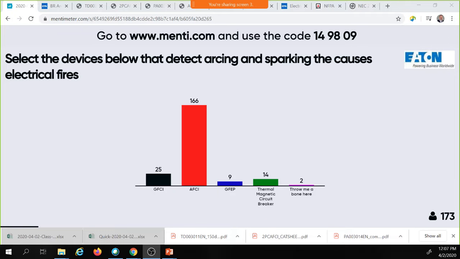In fact, in the early days of branch feeder, we had GFPE, and a lot of the breakers that we got back, where we had tripping and where we found problems, usually started as a ground fault, especially in NM wire. Obviously in SPT2, which are just the two conductor that has just hot and neutral, I don't have the ability to detect ground. So the answer to this one, obviously, was AFCIs.